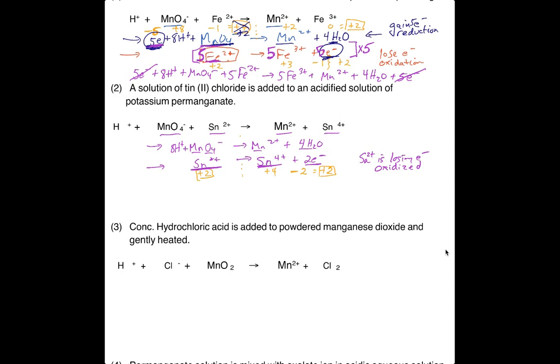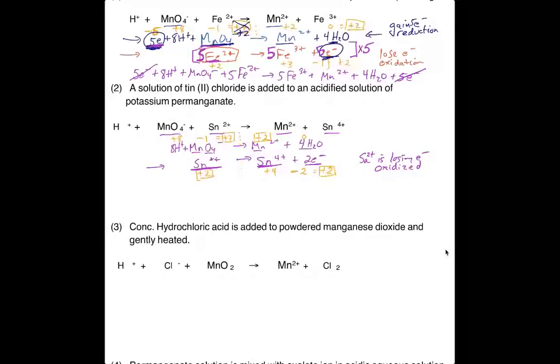I have a plus 8, a minus 1, which gives me a plus 7. On the other side I have a plus 2 and a 0. So the product side is plus 2, the reactant side is plus 7. They're not balanced.